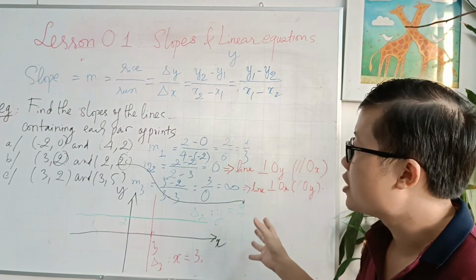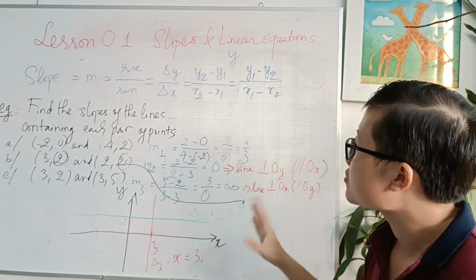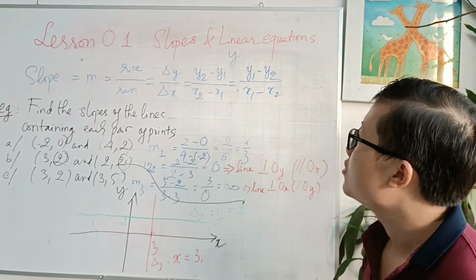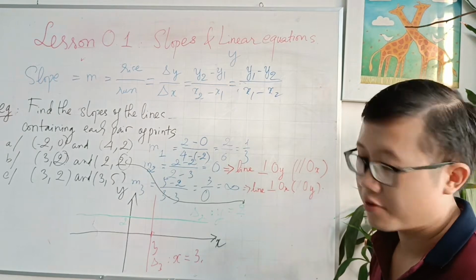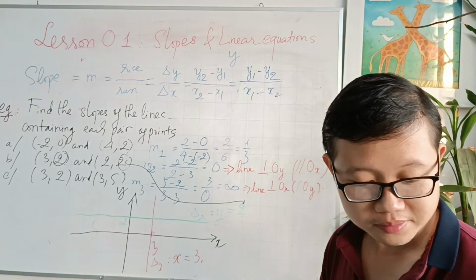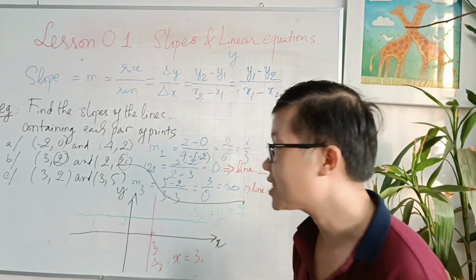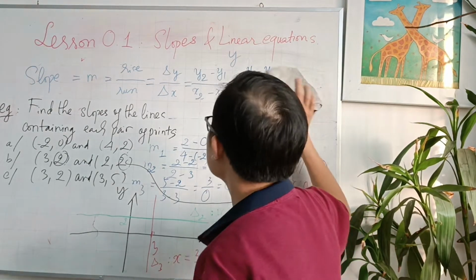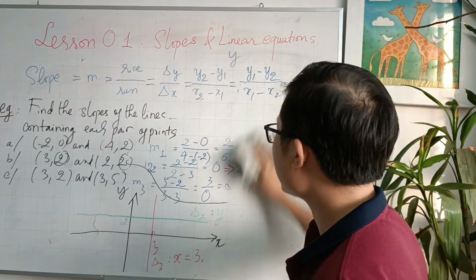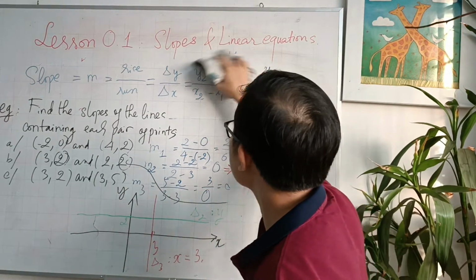We go to the next part of our lesson today, which is about how we can write the linear equation. I can clear my board to have more space to teach the next part.